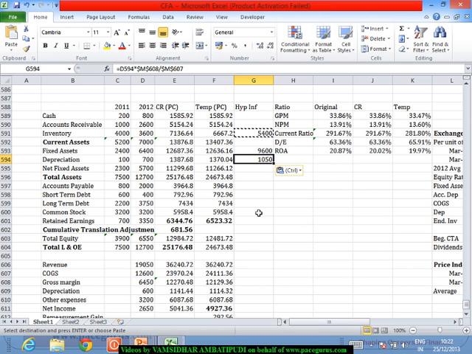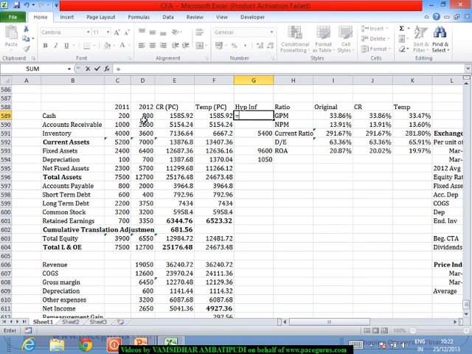All monetary assets and liabilities don't change at all. I'll take them as they are. This is what we do as a part of IFRS.